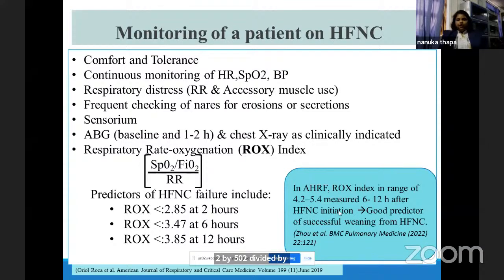If the ROX index is less than the cutoff values at 2 hours, 6 hours, and 12 hours, we come to the conclusion that this is not helping and we should go to the next step of either NIV or intubation. In acute hypoxic respiratory failure, a ROX index in the range of 4.2 to 5.4 measured at 6 to 12 hours after HFNC initiation is a good predictor of successful weaning from HFNC.